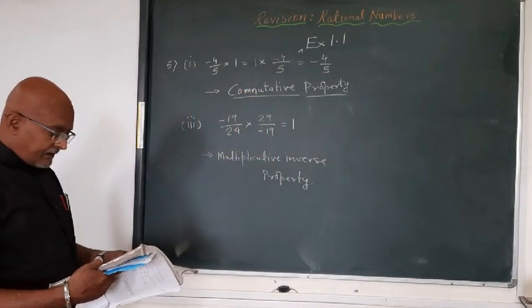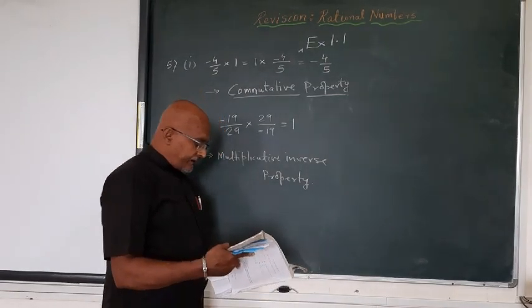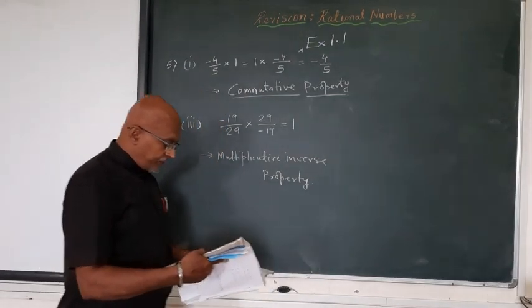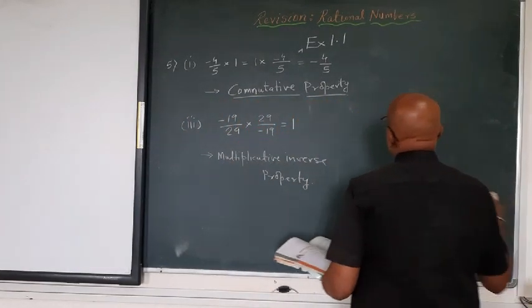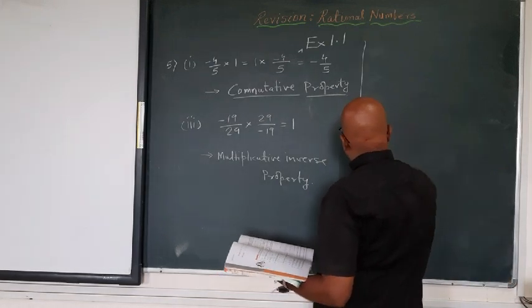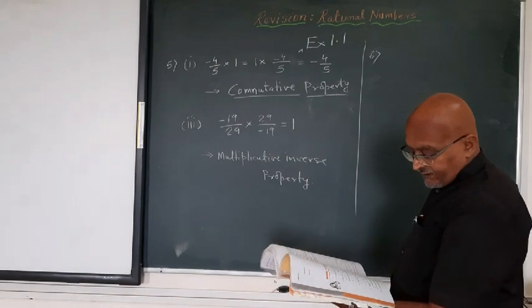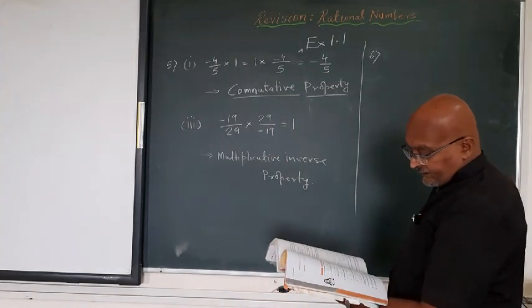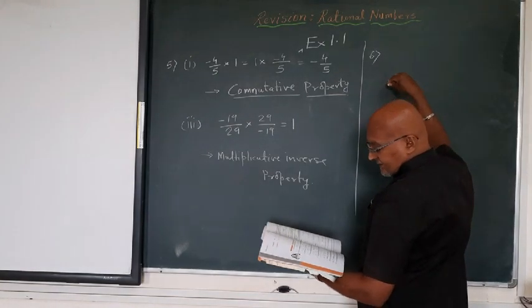Only one is remaining that you have to solve. Then multiply 6 by 13 by the reciprocal of minus 7 by 16. Now the sixth one: multiply 6 by 13 by the reciprocal of minus 7 by 16.